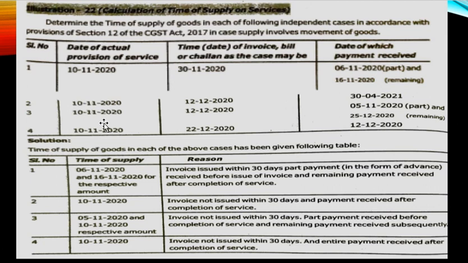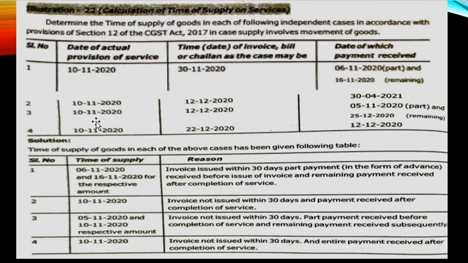Next is the third situation, where the service rendered is 10th November 2020 and the time when the invoice was issued is 12th December 2020. In this case also, it is not within 30 days; it has crossed 30 days. If it is 10th to 10th, fine, it is within 30 days.